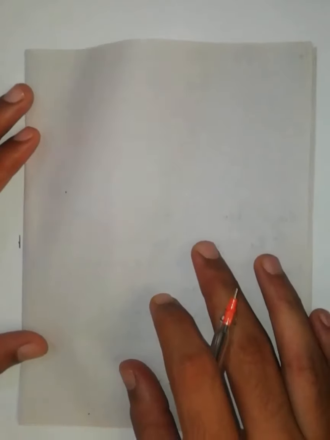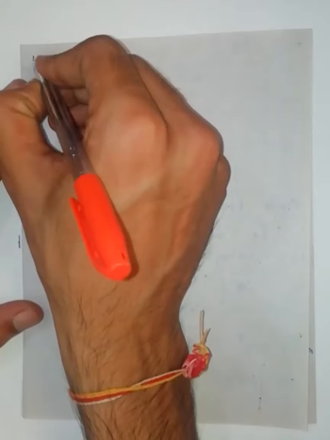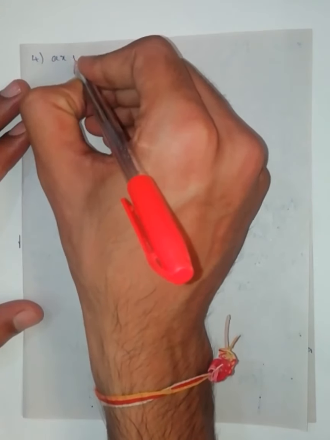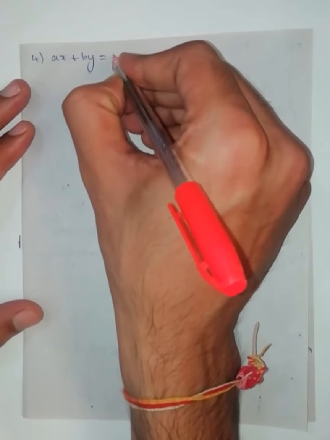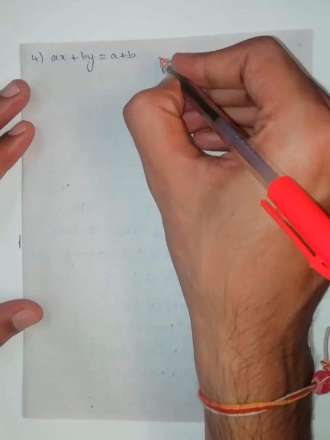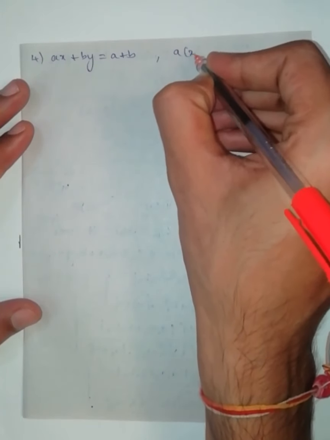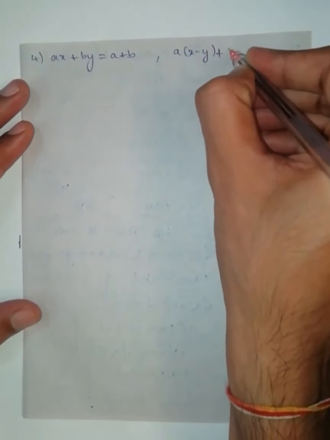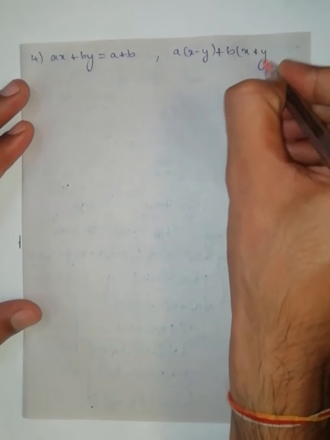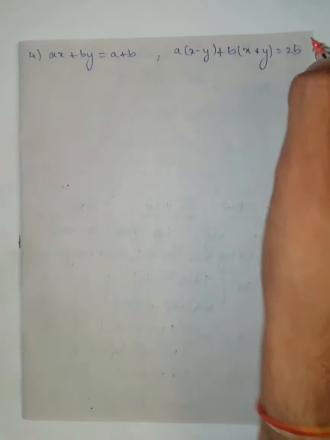And the fourth one is ax plus by is equal to a plus b, comma, a into x minus y plus b into x plus y is equal to 2b.